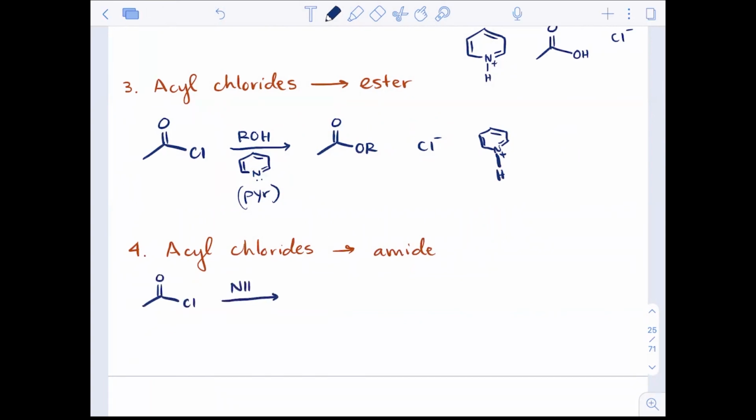So you can use any sort of amine here as long as it is ammonia, a primary amine, or a secondary amine. You cannot use a tertiary amine because a tertiary amine does not have a proton, and you do need to be able to deprotonate this nitrogen.